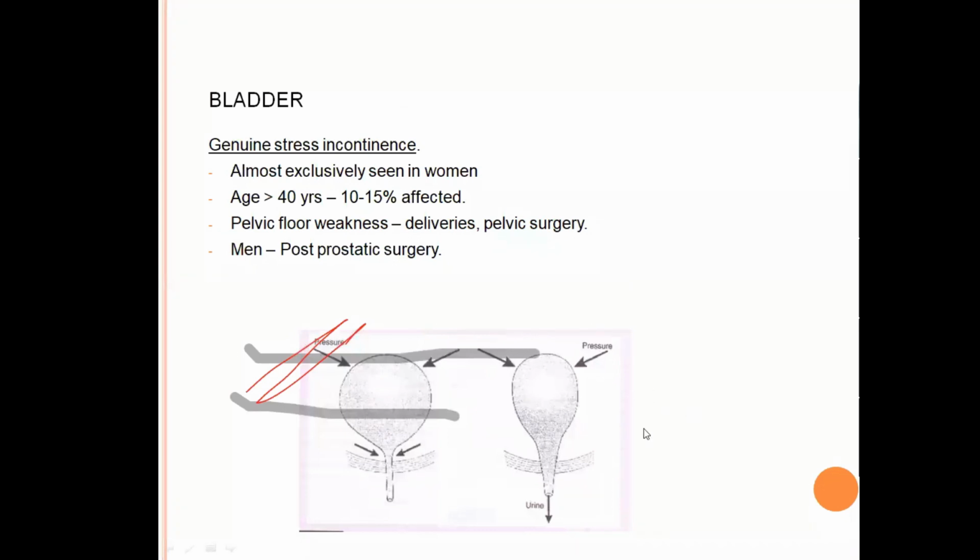So those are the people who are likely to develop this stress incontinence. But nowadays, hardly people opt for children even if they are married, or they don't want normal delivery, they want cesarean. So this GSI has come down considerably. Otherwise, it is very common in women above the age of 40 years, because of pelvic floor weakness, or botched up prostatic surgery in males, where they damage the pelvic floor, can also be responsible.